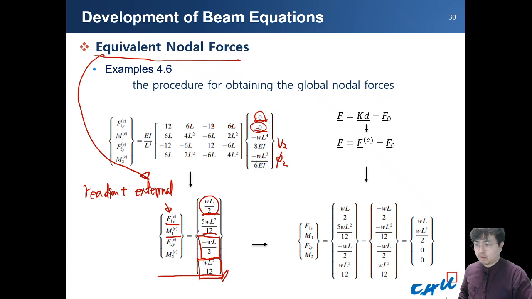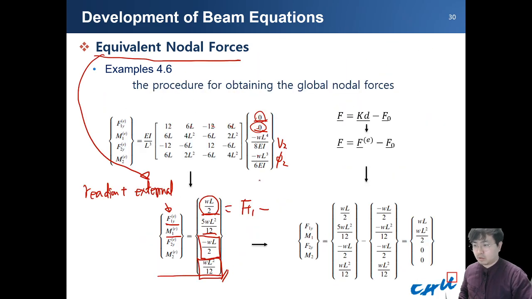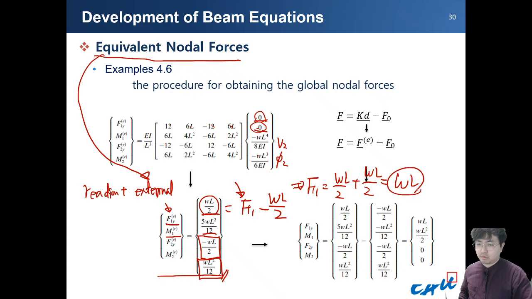So finally our real two values are a summation of, I forgot, the equivalent nodal forces, minus WL half here. So this is what I really want to obtain as the solution. So finally, f1 is equal to 2 over L plus 2 over L. Finally we obtain this relationship, so we obtain these values.